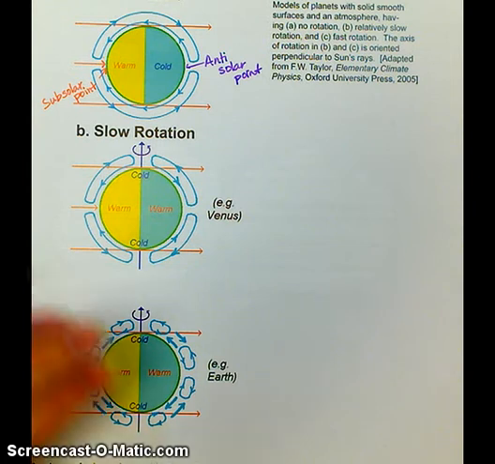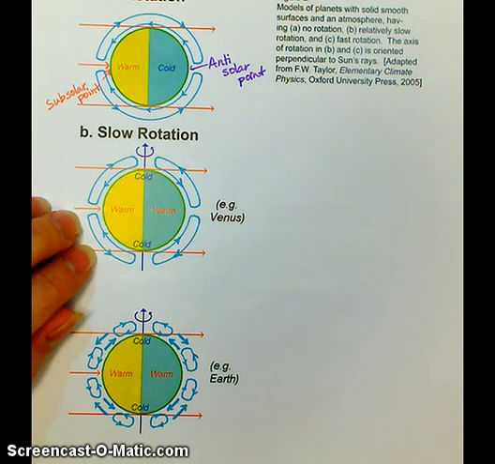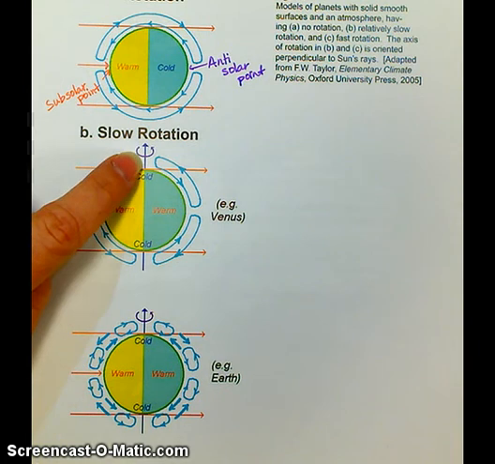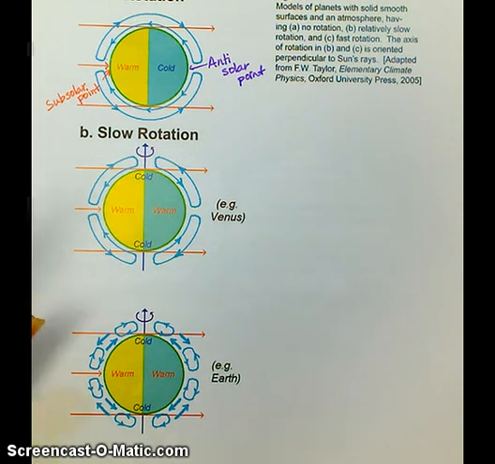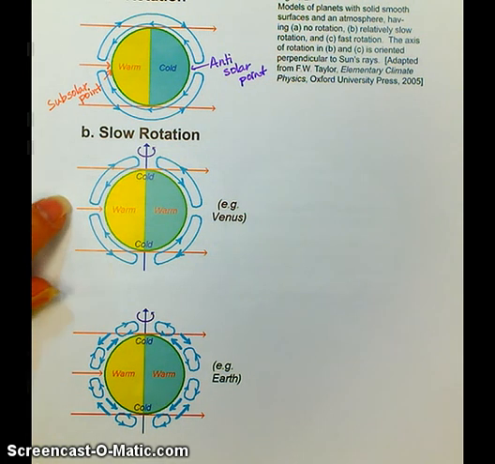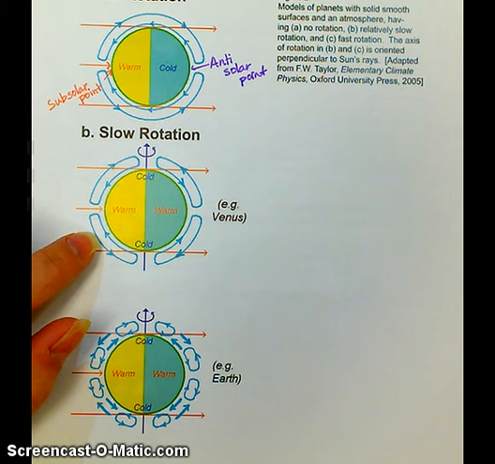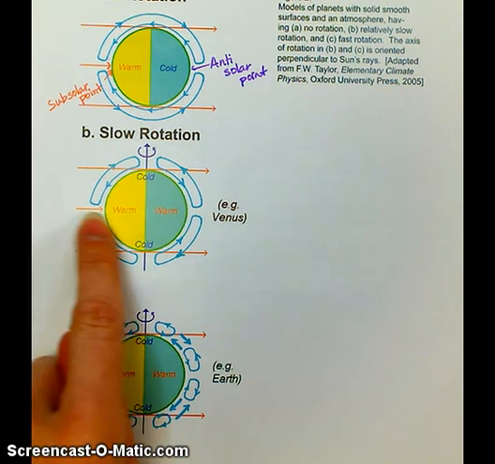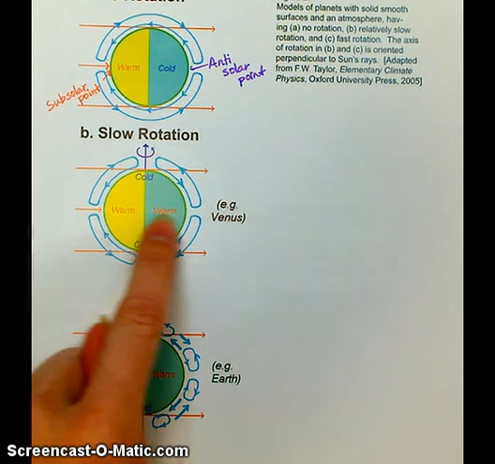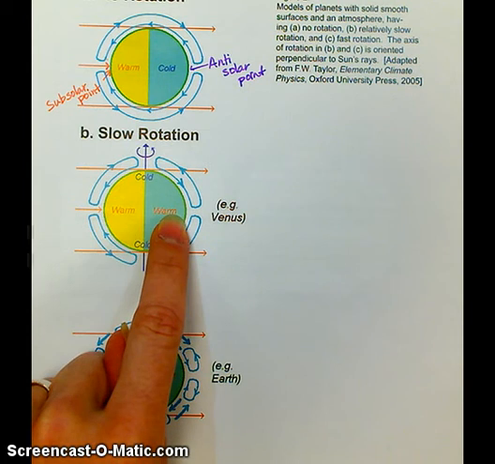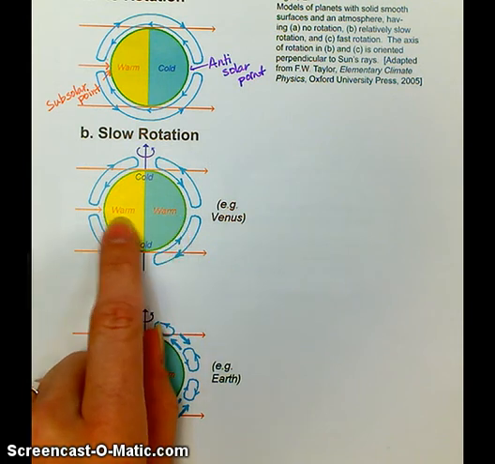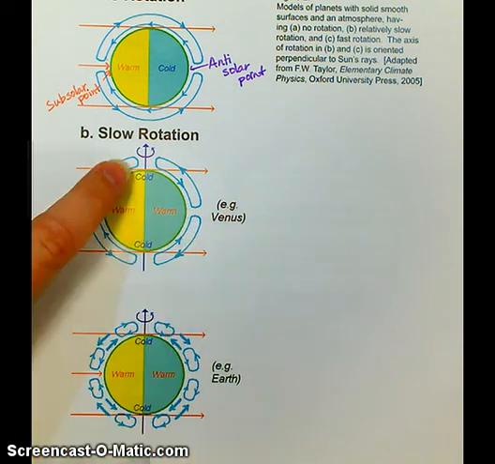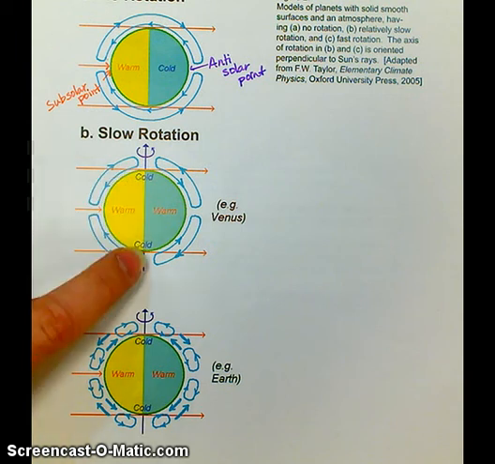Okay, so now what they're saying is, let's say we have a different situation. We have a planet that is rotating, but rotating very, very slowly. Even with slow rotation, we get a change in the way everything is set up. Notice that it's rotating enough that the equatorial regions, both on the daytime and the nighttime side, are the warmest areas of the planet, and the poles are the coldest areas of the planet.